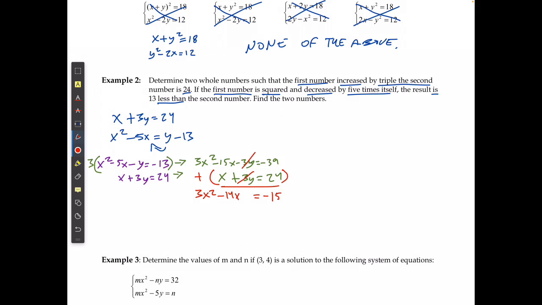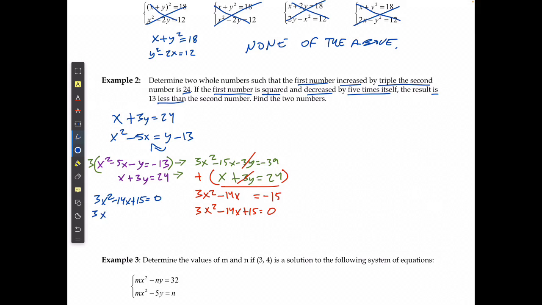Or 3x squared minus 14x plus 15 is equal to 0. Here's the quadratic I'm solving, so I'm going to solve for x. In this case it's factorable, so I'm going to take 3x squared minus 14x plus 15 is equal to 0.